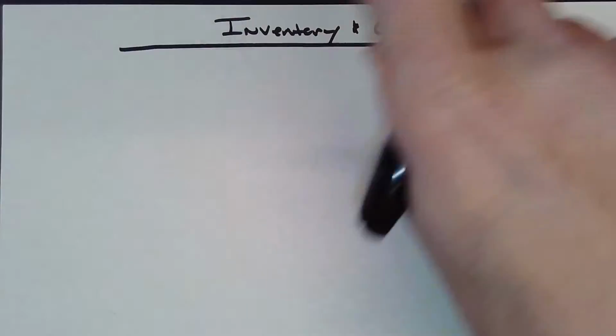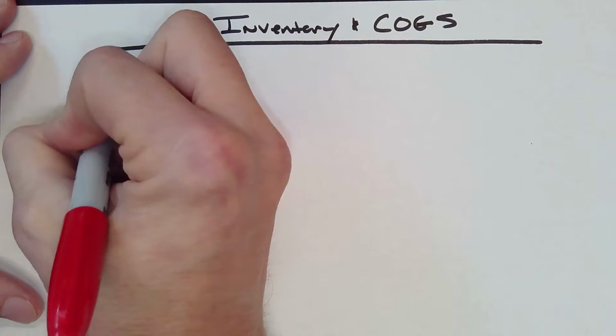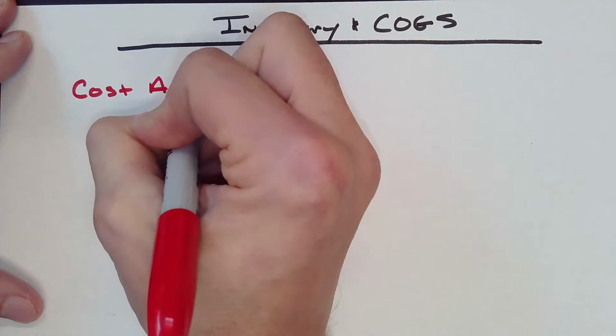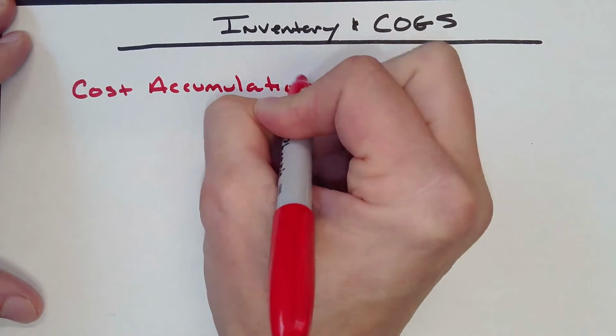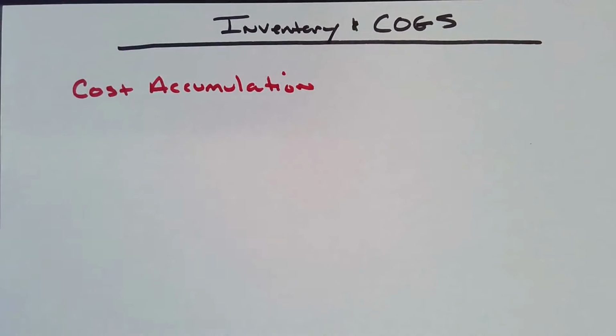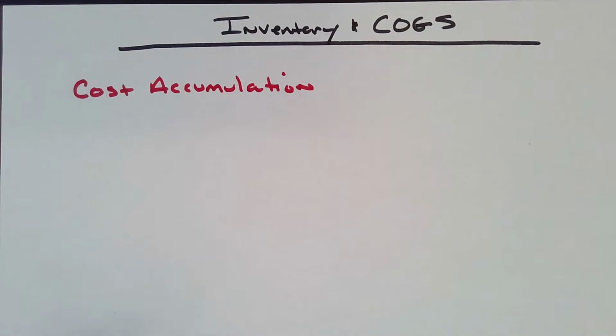So the first thing we've got to learn about inventory is cost accumulation. Because we have to ask ourselves a couple of questions before we can answer this cost accumulation.